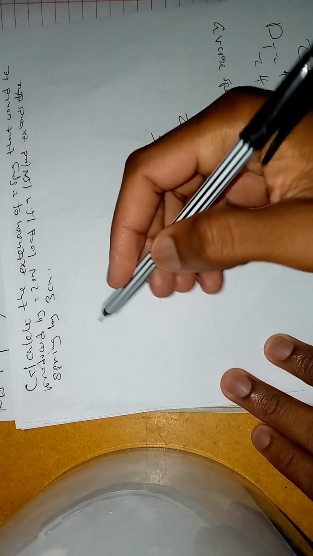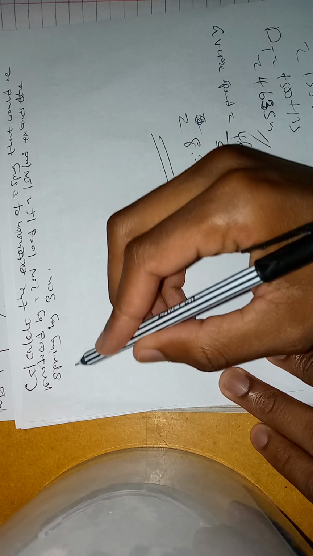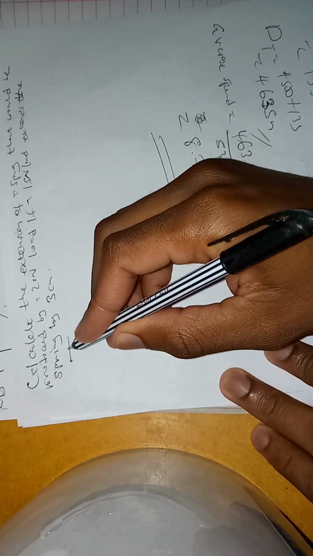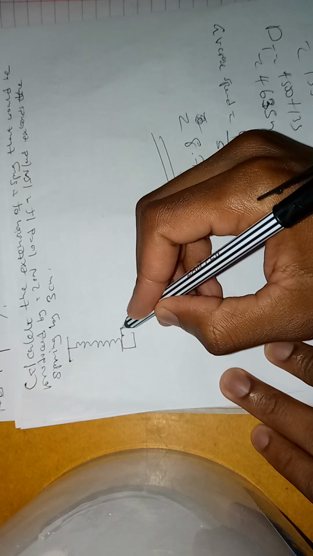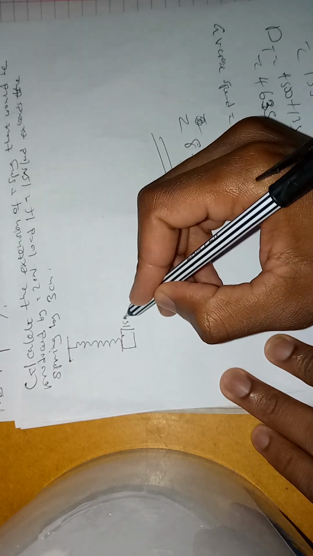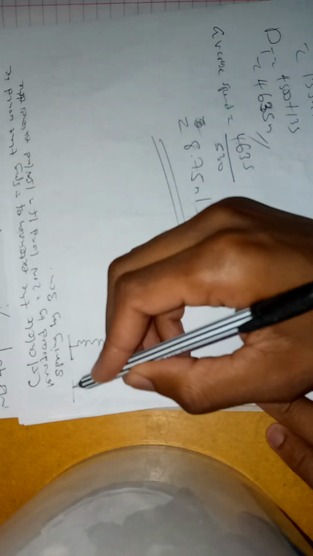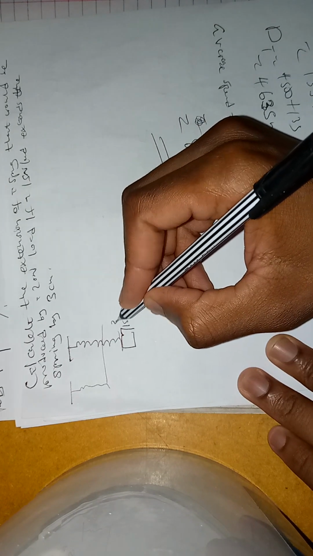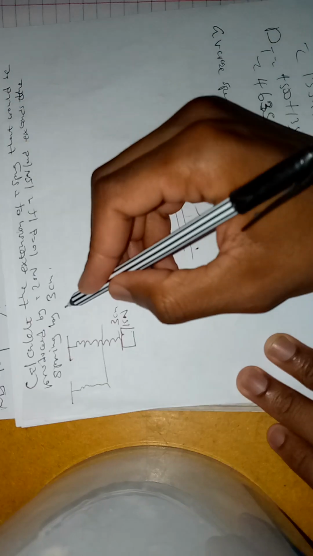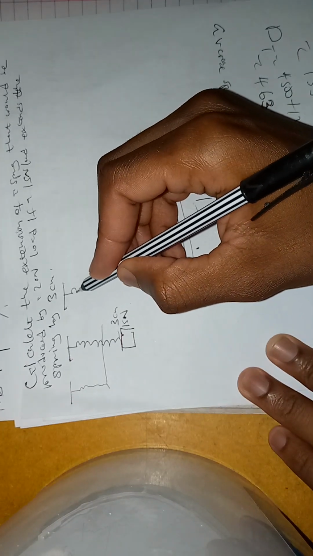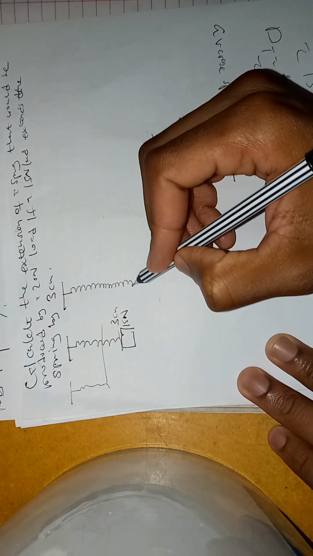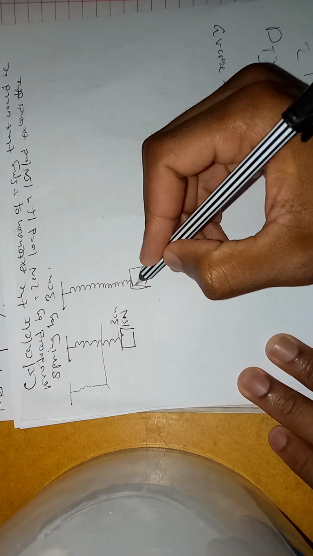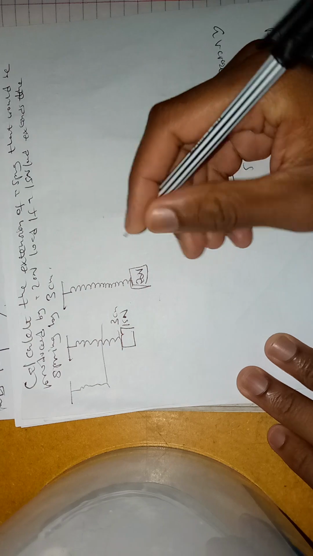So what is happening here is this. You have to imagine, so you have this 15 Newton load that will extend a spring. So it's extending the spring by 3 centimeter. Now I ask what extension of a spring would be produced when we attach a 20 Newton load.